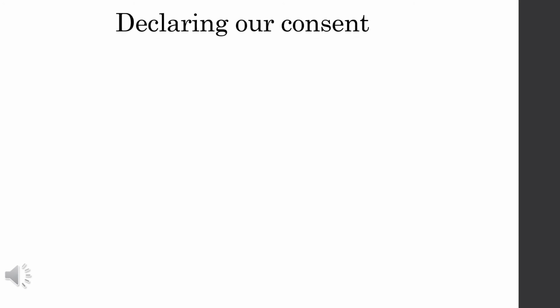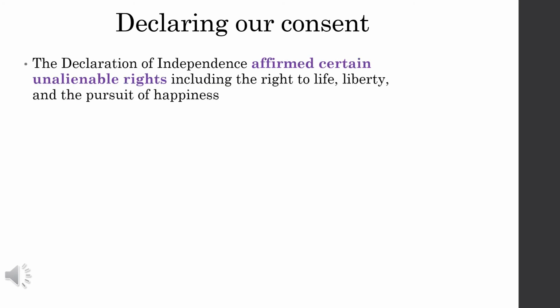The Declaration of Independence does one more important thing, and it has nothing to do with declaring independence. Instead, it is when we first say what type of government we consent to be ruled by. The Declaration of Independence affirmed certain unalienable rights, including the right to life, liberty, and the pursuit of happiness.